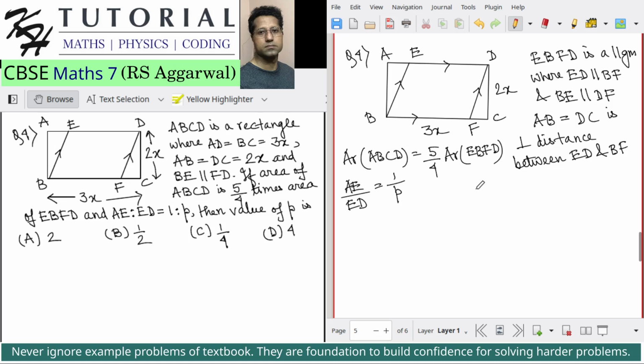Okay, so the area of the rectangle ABCD is 5 by 4 times the area of EBFD. Now, what will be the area of the parallelogram EBFD?